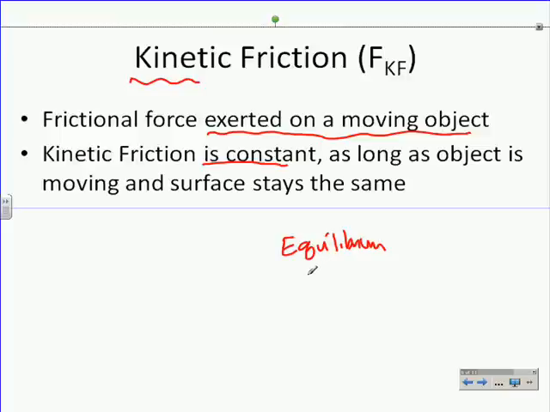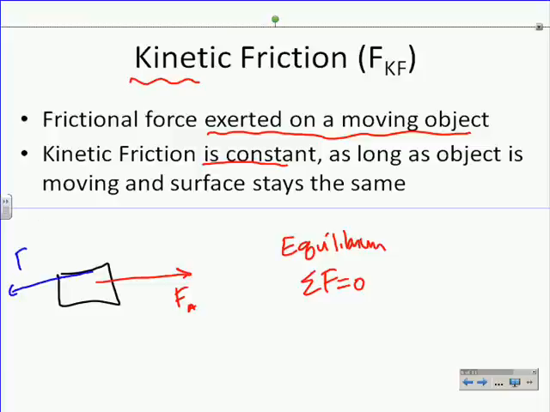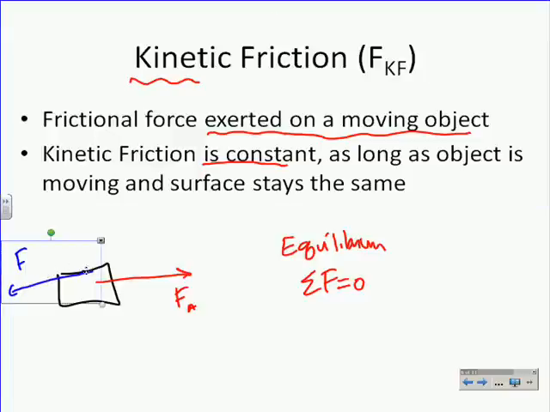Our only requirement for equilibrium is that the net force is equal to 0. So if I have a box that I'm applying a force to, F_A, an applied force, and I'm moving it at a constant velocity, that means there has to be another force in the opposite direction, granted not drawn very well. Let's see if I can straighten that out a little bit.